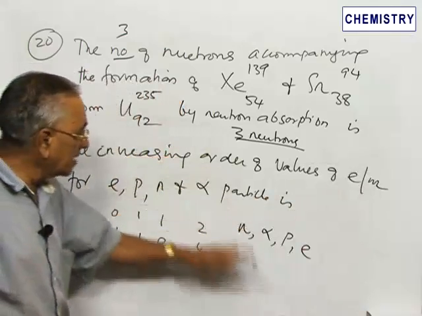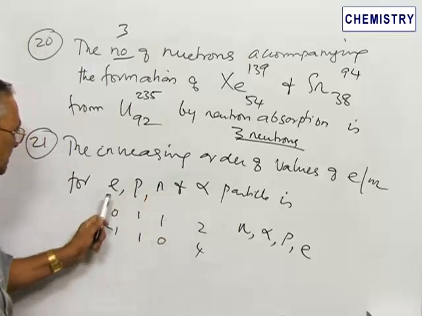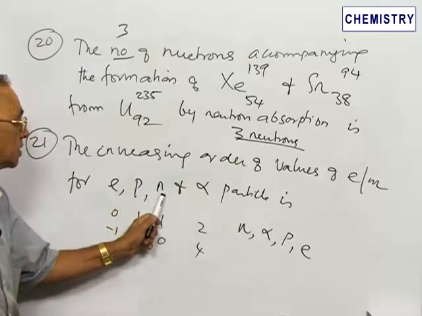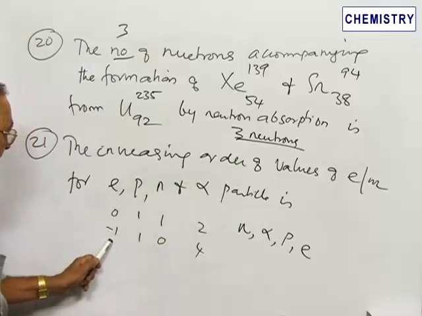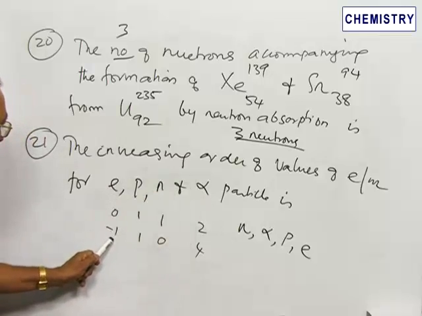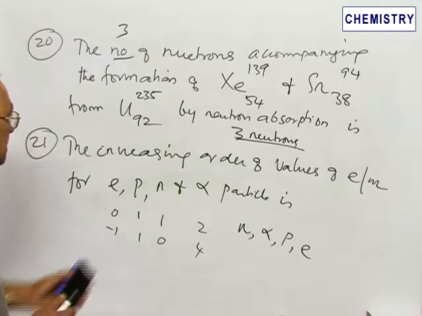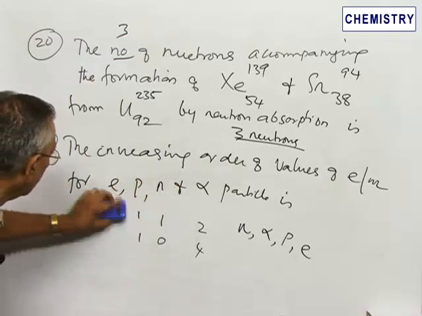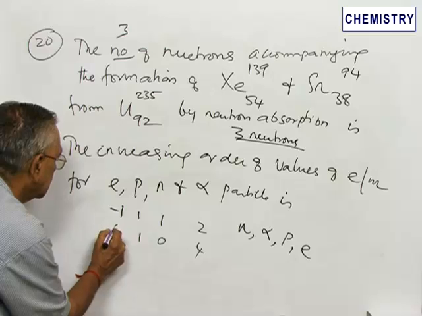In order to arrive at this, first write all 4 particles, electrons, protons, neutrons and alpha particles, and put the charge and the mass for each. The charge of an electron is -1 and its mass is 0.